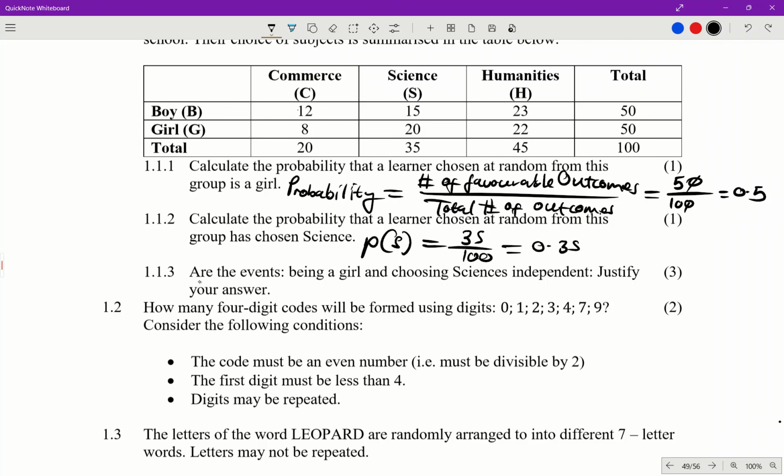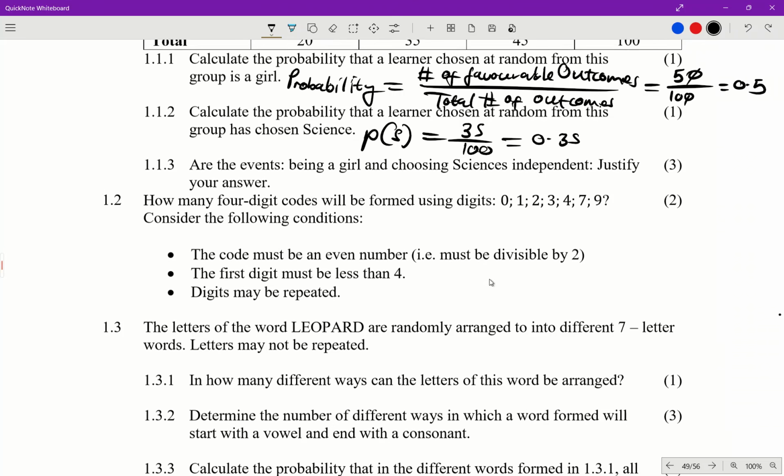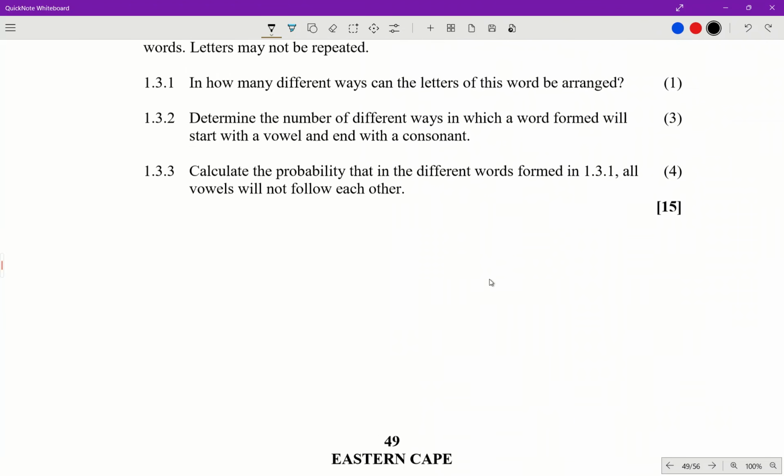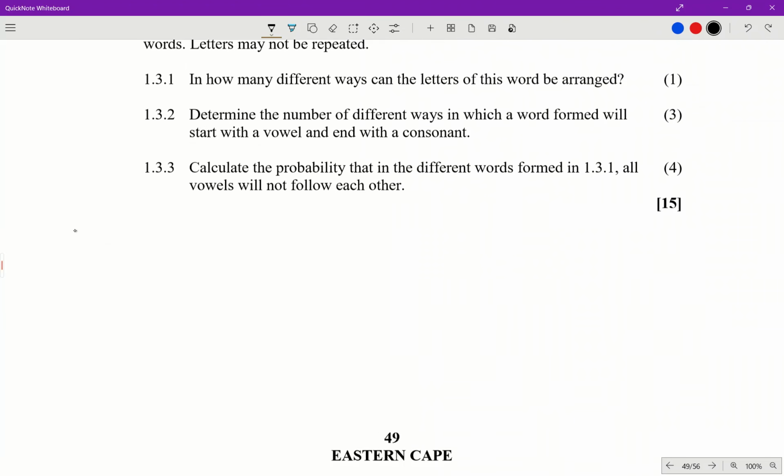Now, are the events being a girl and choosing science independent? That's question 1.1.3.